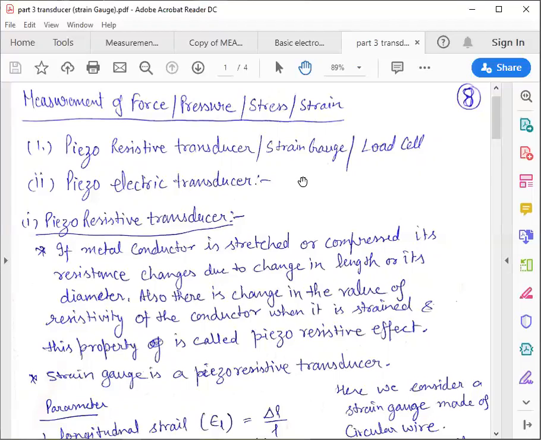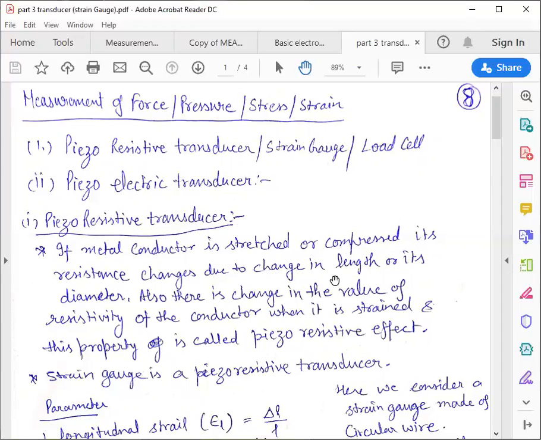So first, what is a piezoresistive transducer? Basically, a piezoresistive transducer works on the principle of piezoresistivity. Now, what is piezoresistivity? If any metal or semiconductor is stressed or compressed, there will be some change in the resistance of that metal or semiconductor.